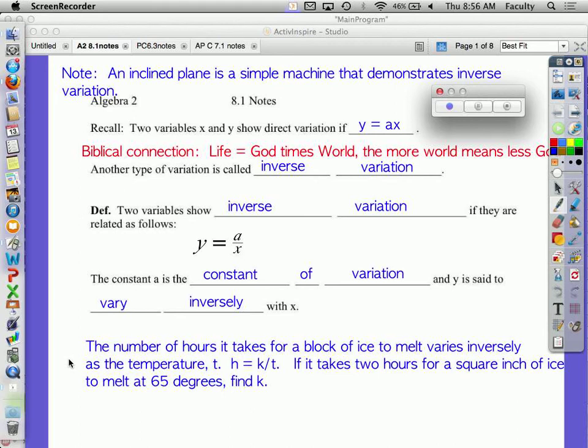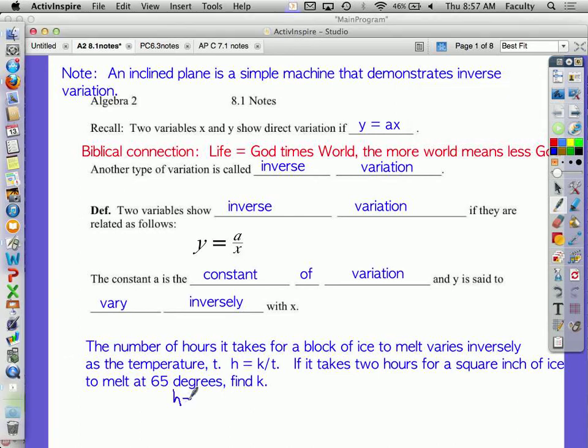That's all. So it says if it takes 2 hours for a square inch of ice to melt at 65 degrees, find K. So you would start with H equals K over T. It takes 2 hours to melt that square inch of ice when it's 65 degrees. How would you solve this simple equation for K? Are you going to multiply by 65 or divide by 65?